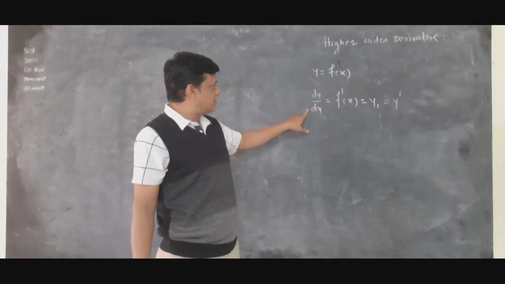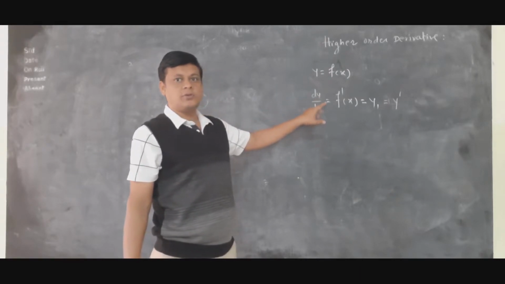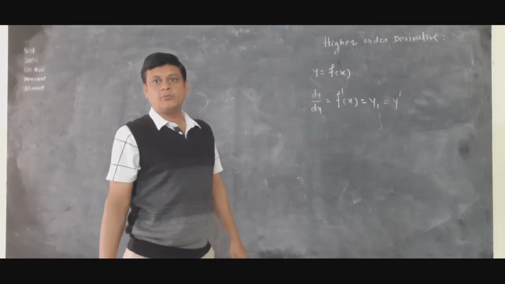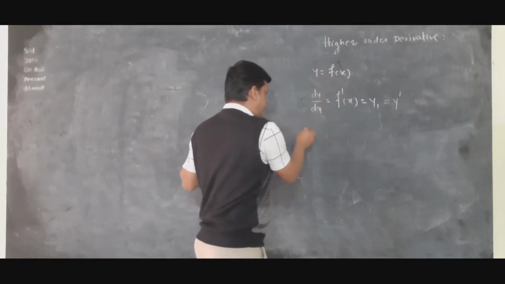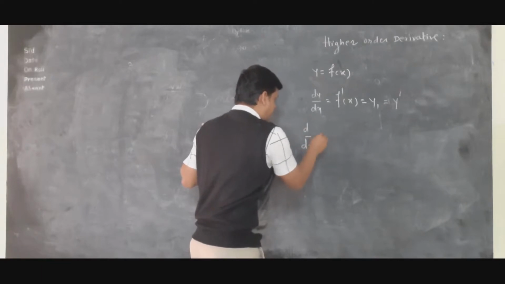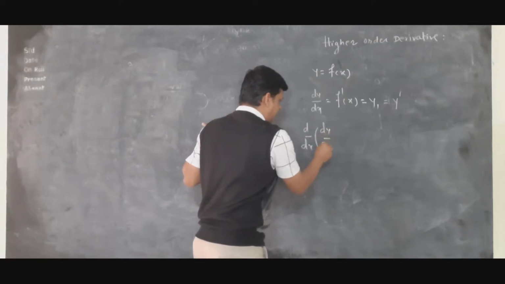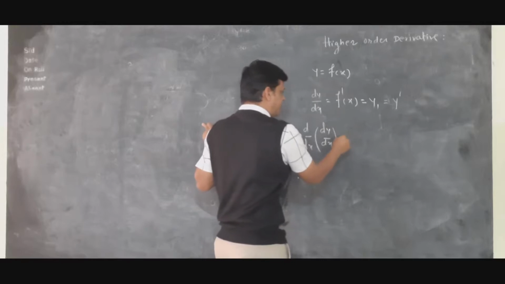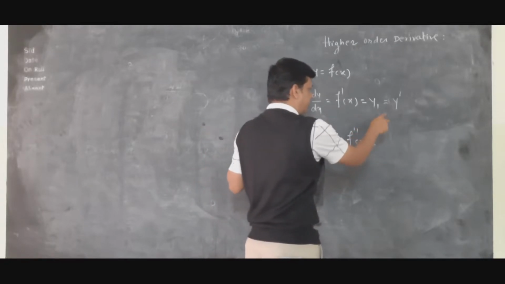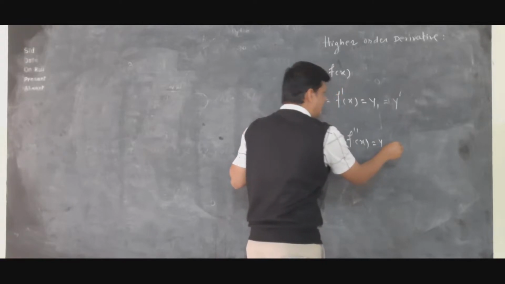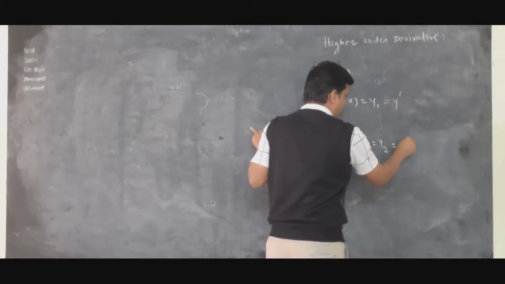If this first order derivative is again differentiable with respect to x, then its derivative we write as d by dx of dy by dx, or f dash of x we write f double dash of x. This y1 we write y2 and this y dash we write y double dash.